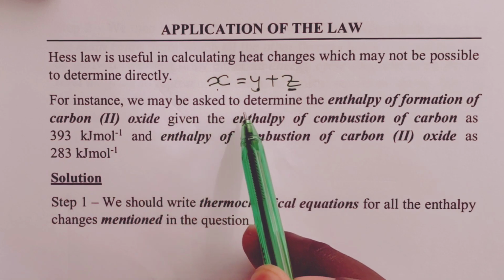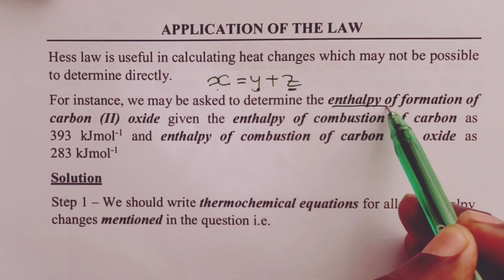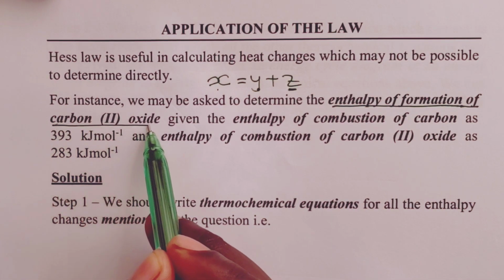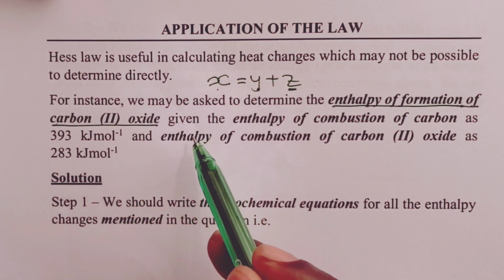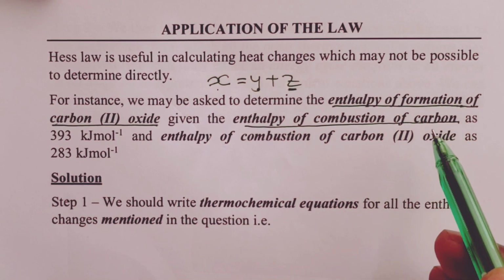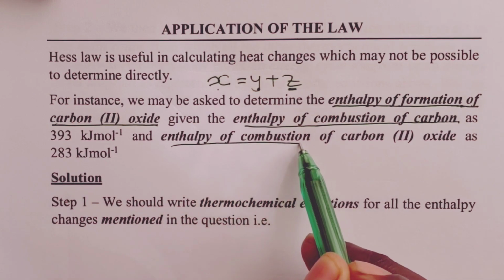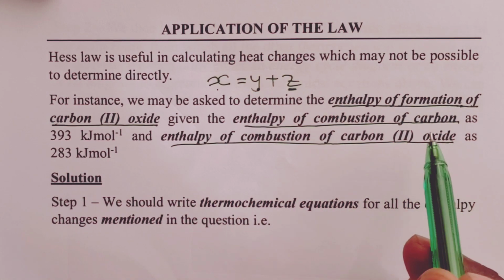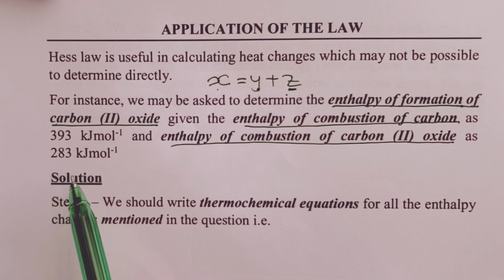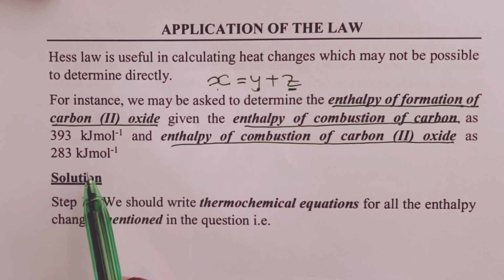So we may be asked to determine the enthalpy of formation of carbon 2 oxide when we are given only the enthalpy of combustion of carbon and enthalpy of combustion of carbon 2 oxide as 393 kilojoules per mole and 283 kilojoules per mole respectively.